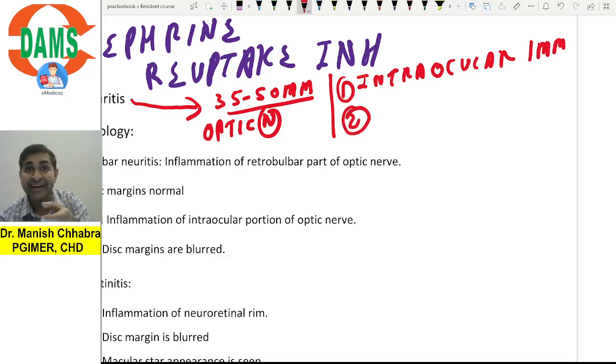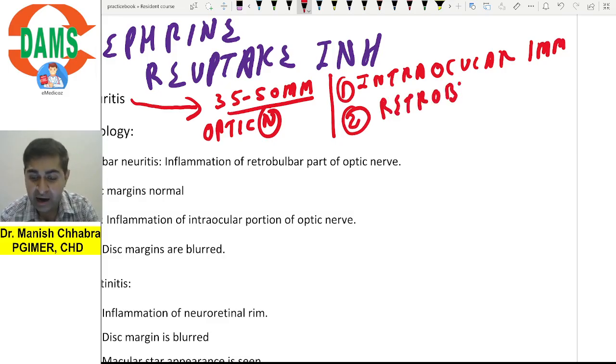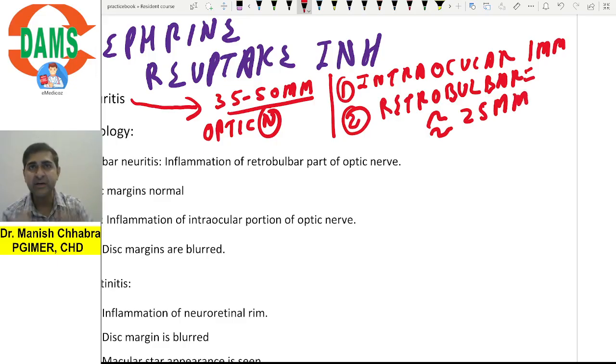Then we have the retrobulbar portion or intraorbital portion, which lies inside the orbit. It varies from person to person. There is a window, but it can be anywhere around 25 millimeter.